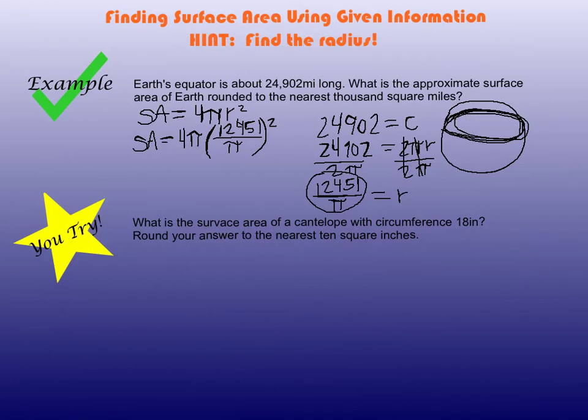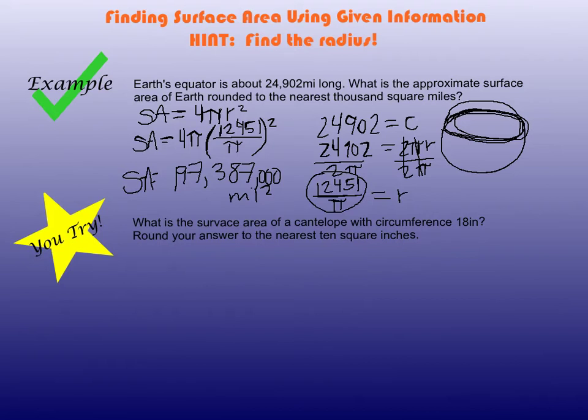So I get that my surface area is a very big number. Let's see, surface area is 197,387,000. And this is miles squared. So there's my final answer.